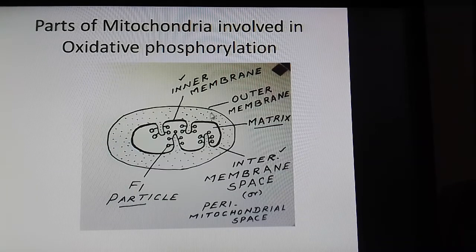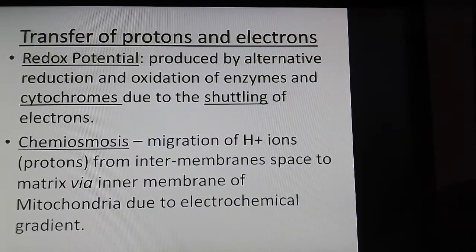The space between outer membrane and inner membrane is called intermembrane space or perimitochondrial space, and then the matrix. The F1 particle will be carrying the ATP synthase enzyme, and the inner surface and outer surface of the inner membrane would be active in the process of oxidative phosphorylation.